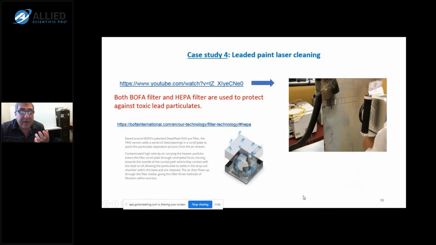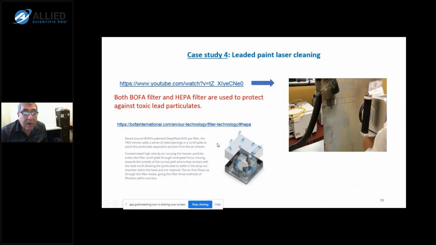So lead is very dangerous, as you know, for health. So you cannot only use a HEPA filter, but you also need to use a BOFA filter that has several compartments in a circular form. So the heavier particles are pushed by centripetal force, and they move towards the outside of the curved path where they come into contact with the steel scroll, and they drop down in the chamber within this filter.